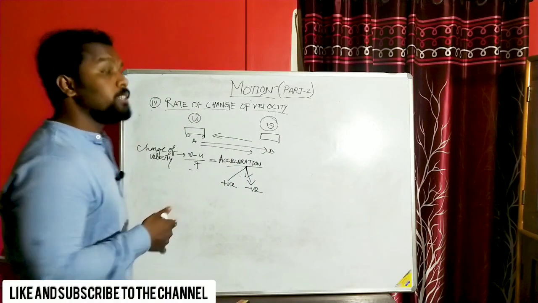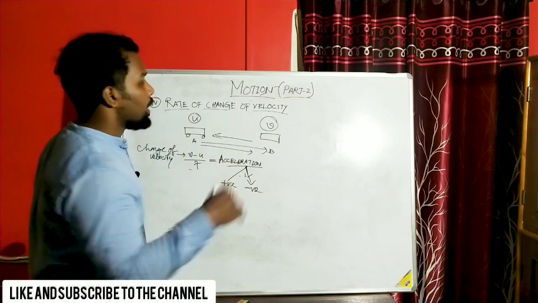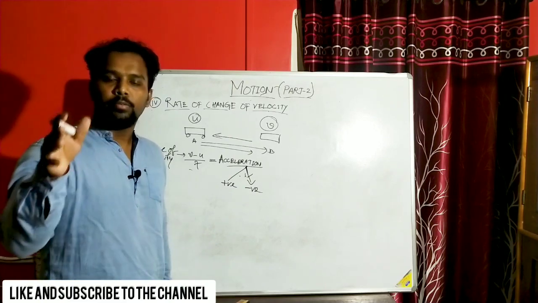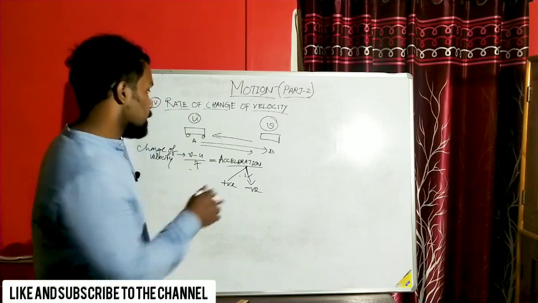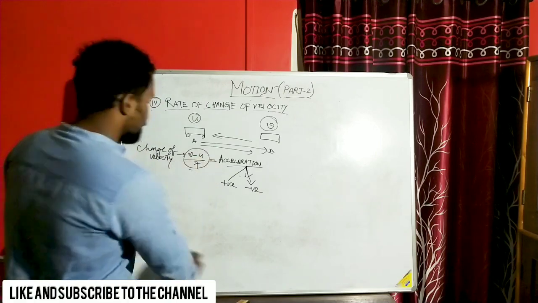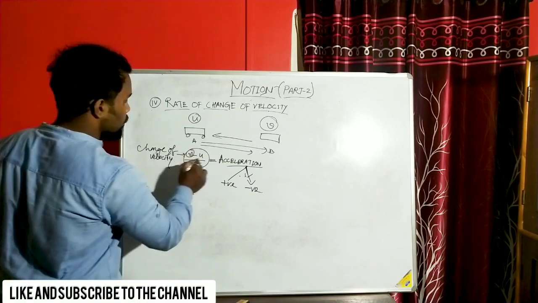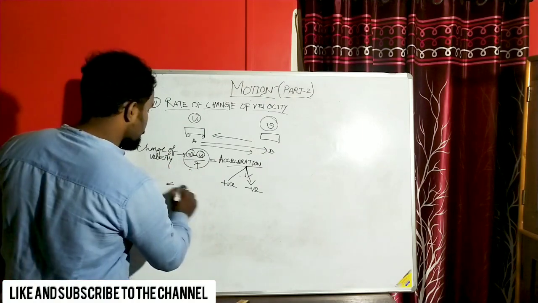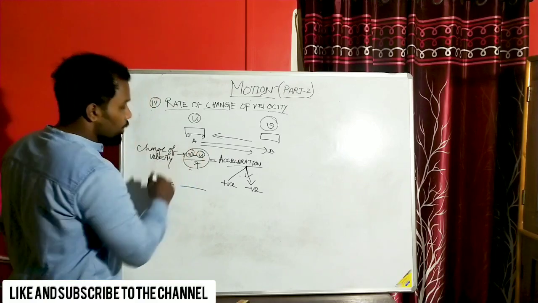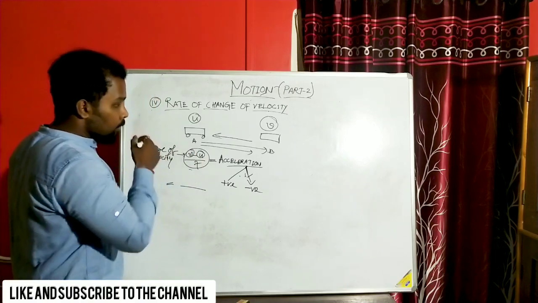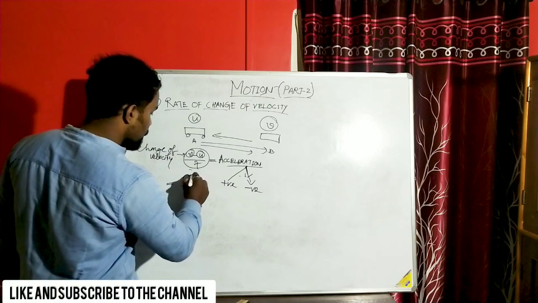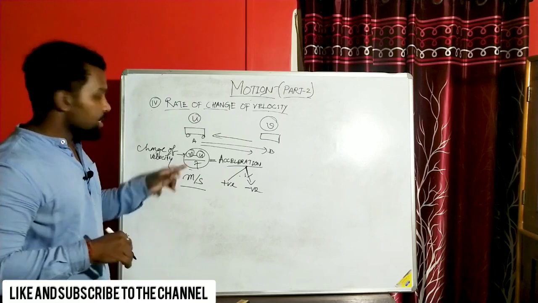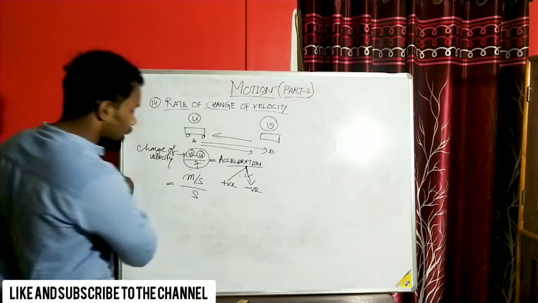Now what is the unit of acceleration? We got the unit of speed as meter per second, and we have also got that the unit of velocity is meter per second. Look closely at this concept. Initial velocity and final velocity, both are velocity. That means the unit of the numerator is meter per second, and in the denominator is time, which is in seconds.